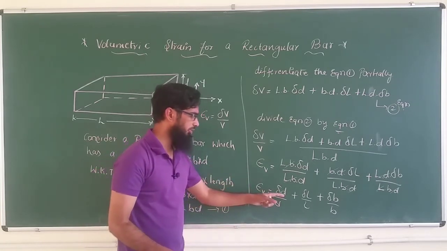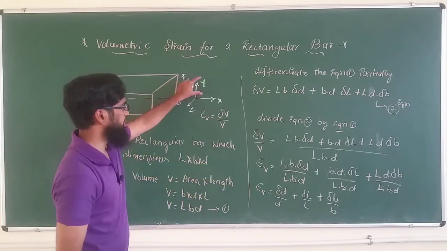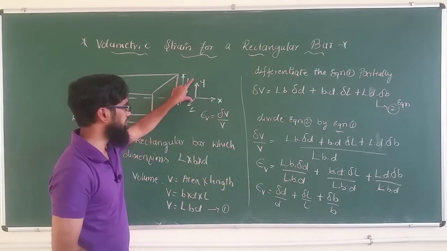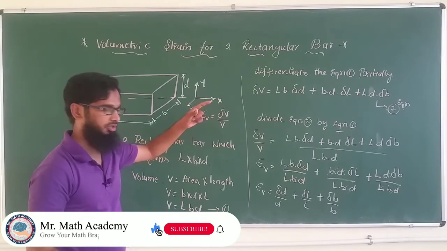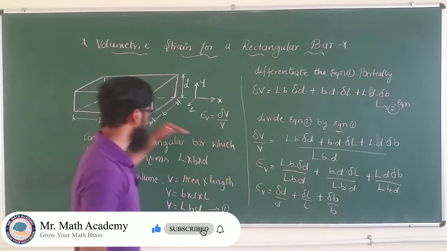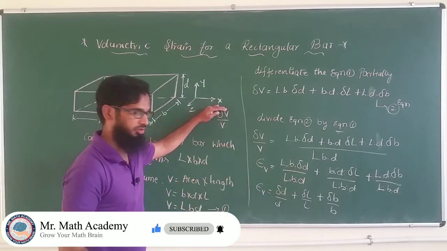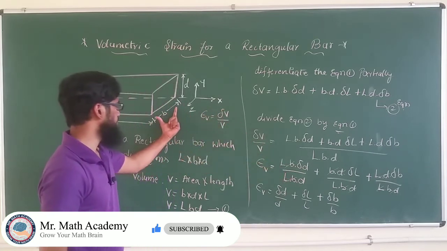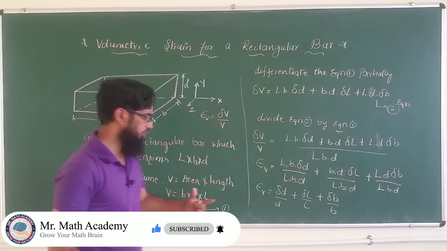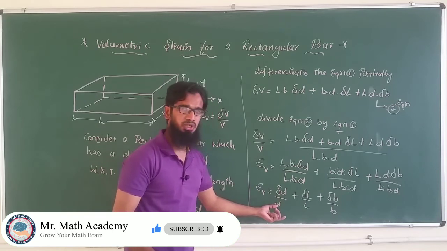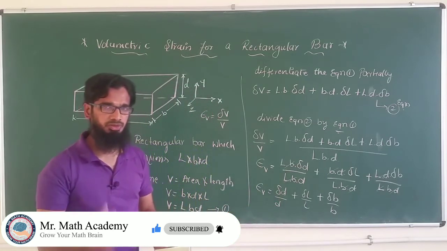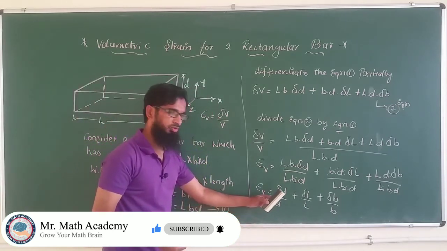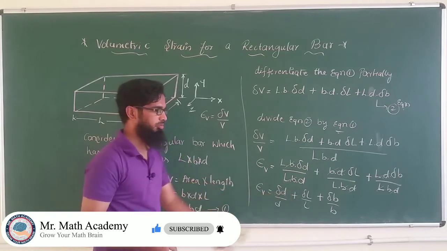But D indicates the direction Y, means the Y axis. Again L is the longitudinal direction towards the X axis. So B indicates the Z direction. So change in dimension to the original dimension means it's a strain here, but in the respective direction, respective axis, I can write here.